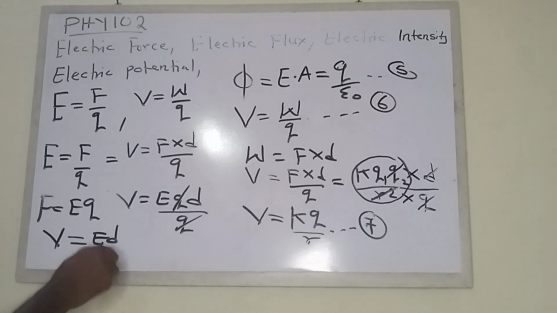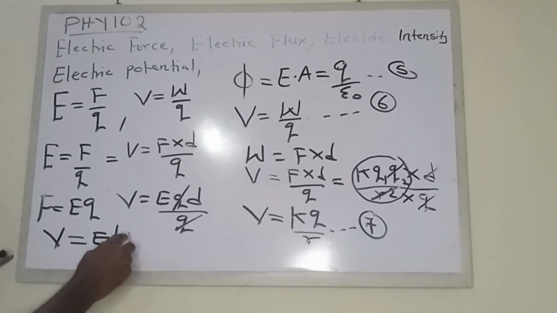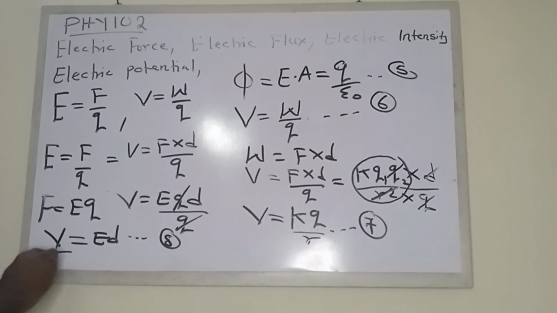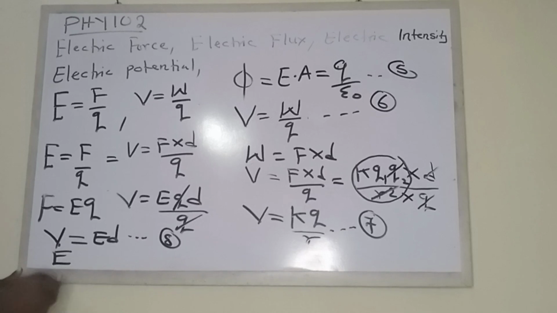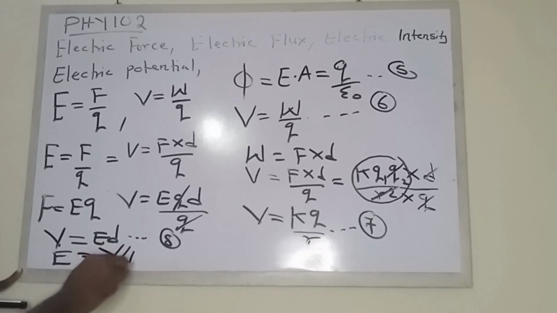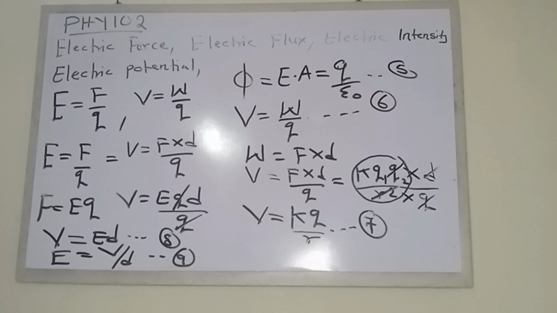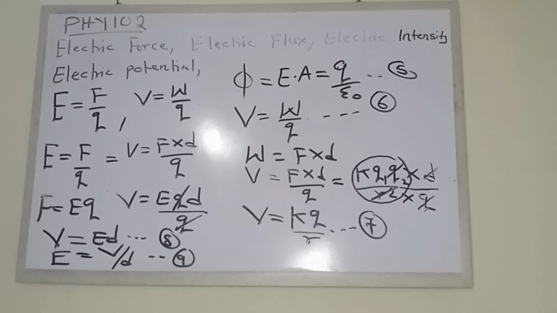Let's call this equation 8. And making E the subject of the formula, our electric field is also equal to V over D. Let's call this equation 9. Now with all these equations 1 to 9, we will be able to solve any question given to us.